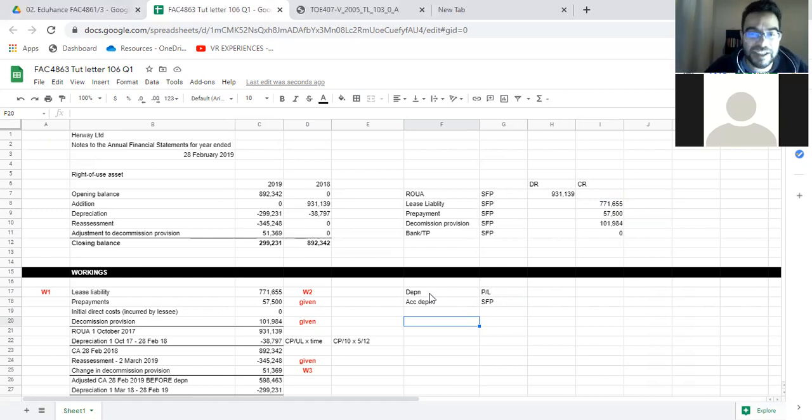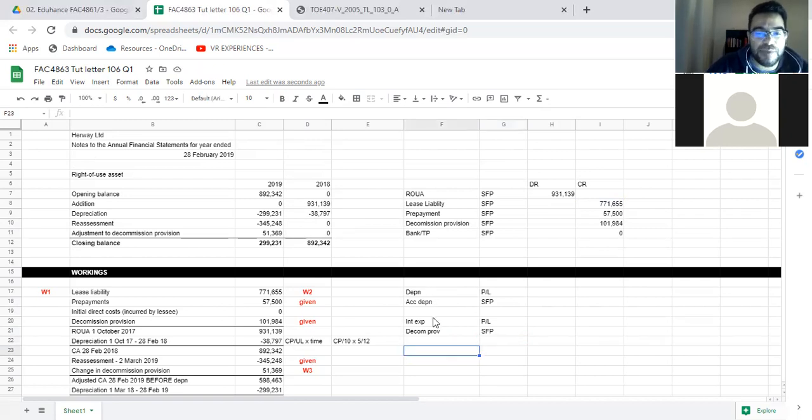But we won't always have it. Because we have a decommission provision, we will have a journal entry over here as well, interest expense, P&L, and then decommission provision, SFP. So that is the journal entries relating to the right of use asset and the decommissioning liability.